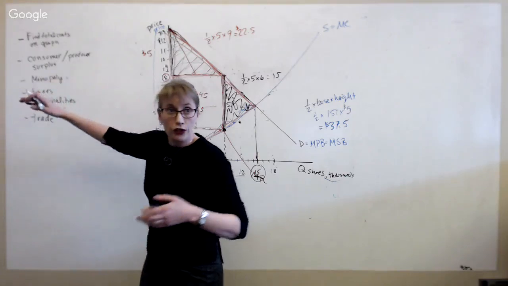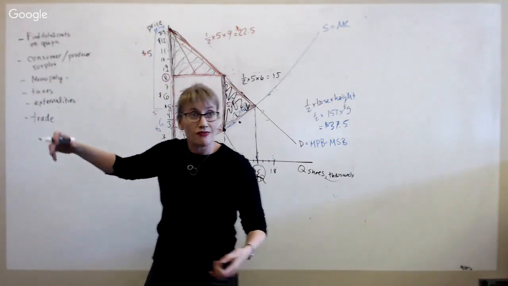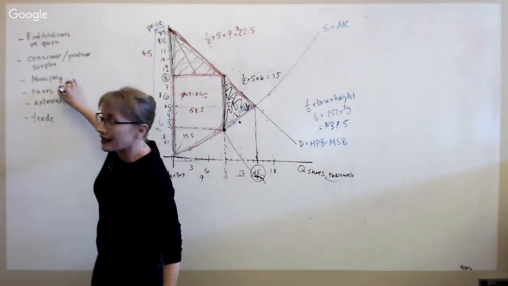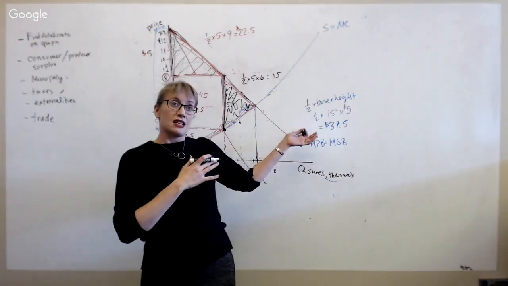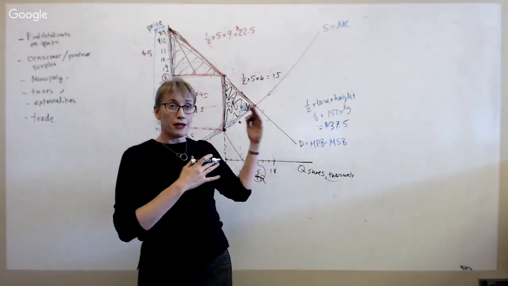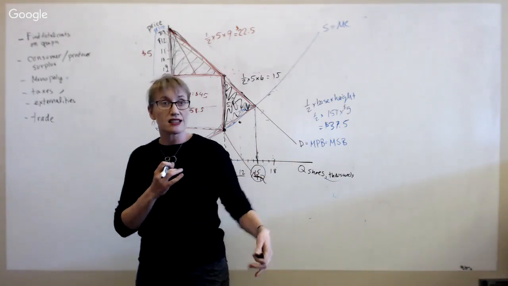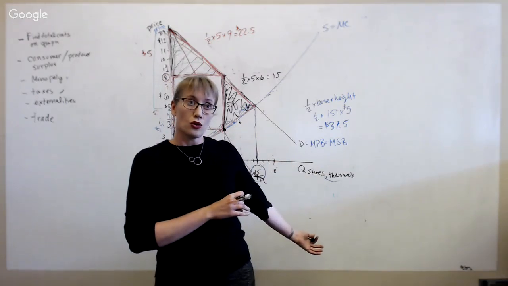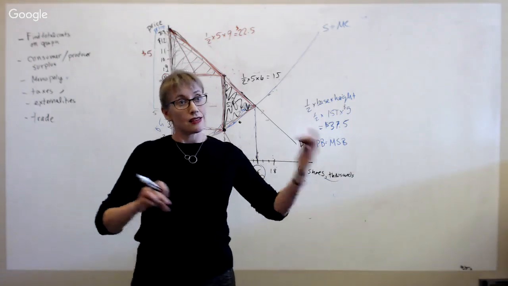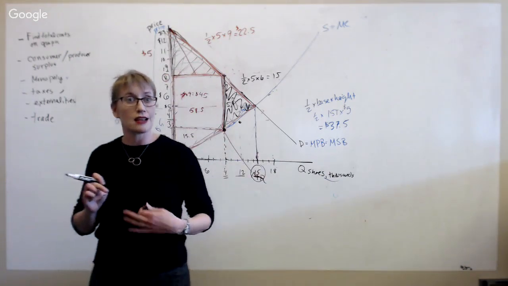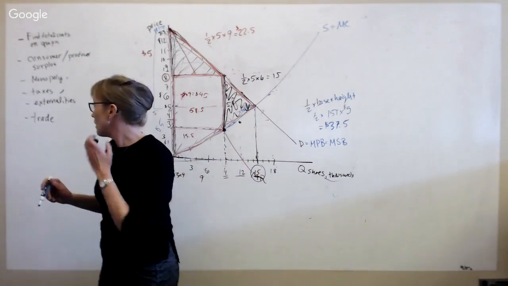Now we could do something very similar and add a tax. We could calculate what would happen to prices and quantities as a result of a tax, and we can compare the total surplus with the tax to the total surplus without a tax and find deadweight loss.